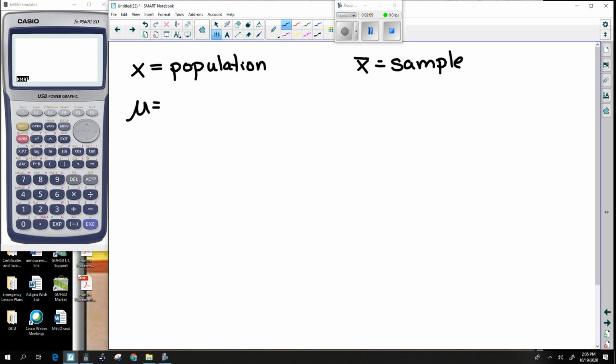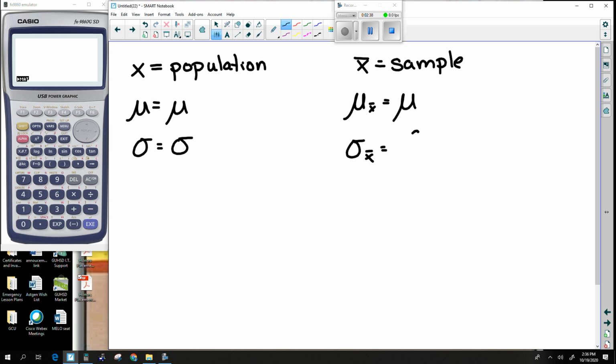When you have an x, your average mu is just your average, and your standard deviation is your standard deviation. However, when you're dealing with a sample, the average, ironically enough, is the same. The biggest difference, and this is what we really need to talk about, is the standard deviation.